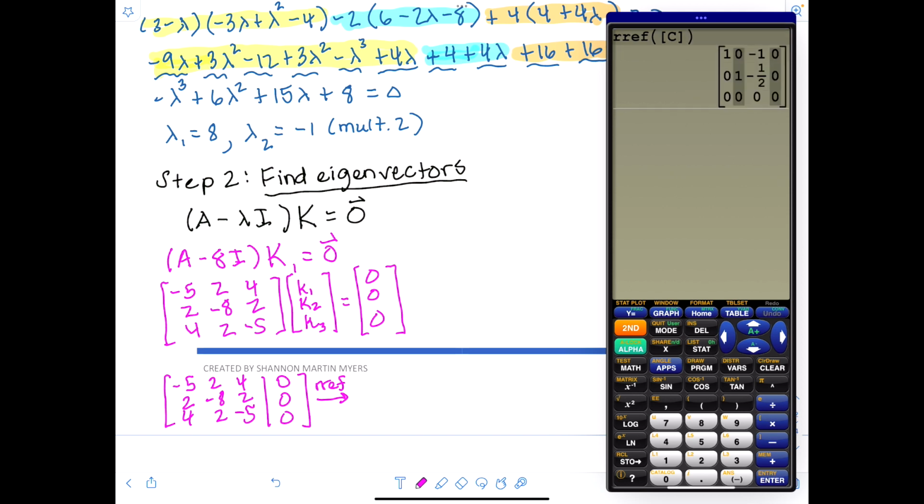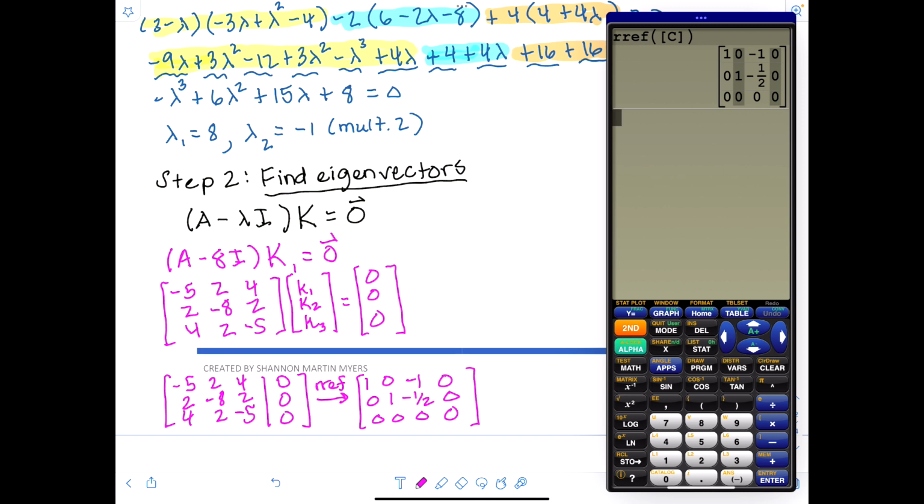and magic. We will have 1, 0, -1, 0, 0, 1, -1/2, 0, and then the last row zeroes out.